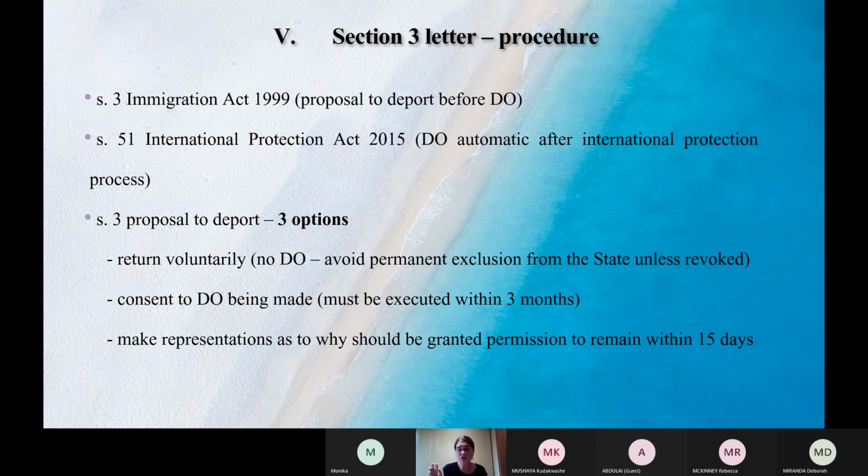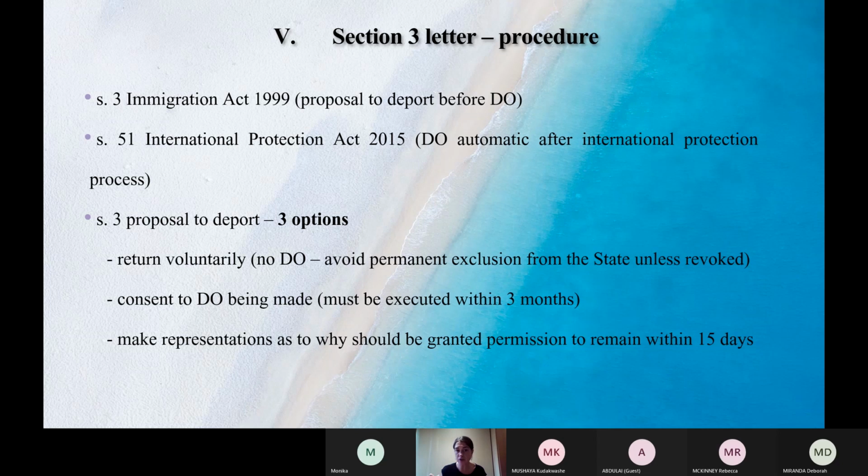So what the Section 3 proposal to deport comprises is it gives the individual three options. They are, first, to return to their country of origin or country of nationality voluntarily. This would mean that no deportation order would issue.